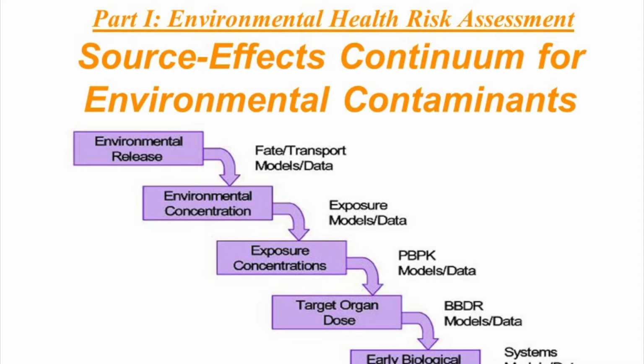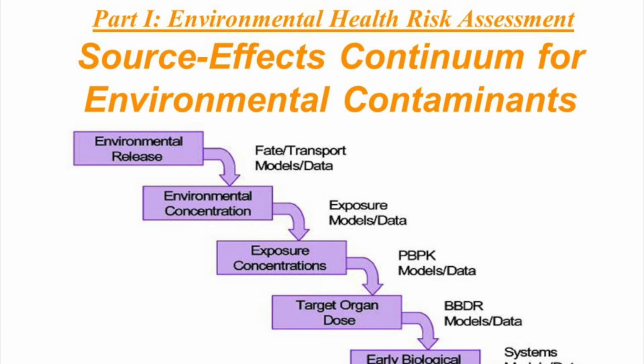On the next slide, slide 3, there is a graphical description of how environmental health risk assessment is captured in terms of the relationship between source to adverse effects, what is called the source to effects continuum.